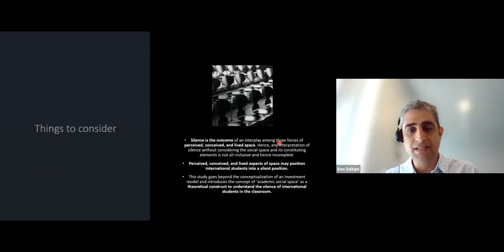So silence is the outcome of the interplay among three forces of perceived, conceived, and lived space. Hence, any interpretation of silence without considering the social space and its constituting elements is not all inclusive and hence incomplete. When we talk about silence, we need to look at the three aspects of space: perceived space, conceived space, and lived space, and see how this contributes to the silent position of international students in the classroom.